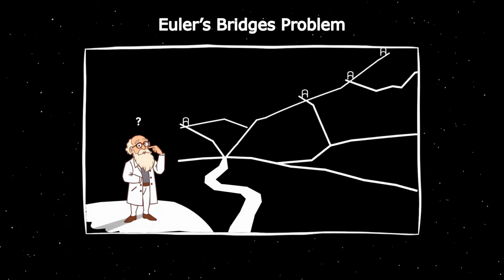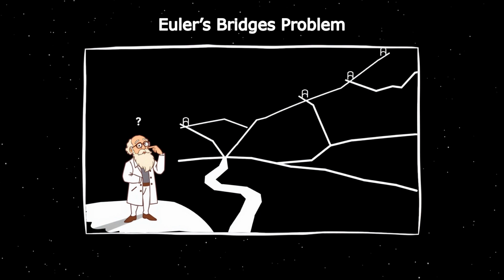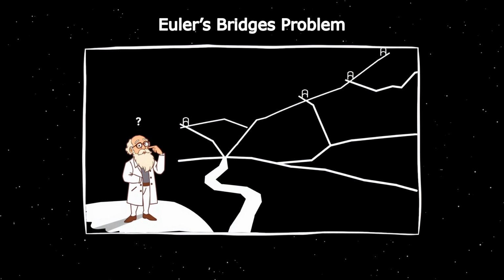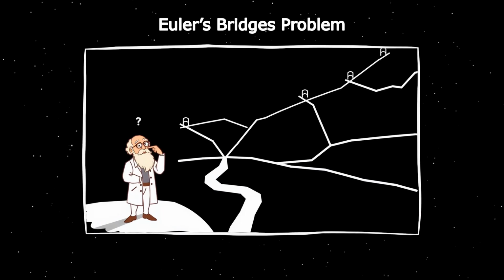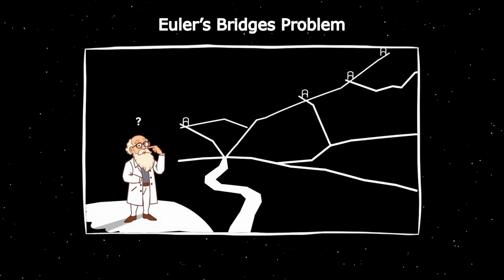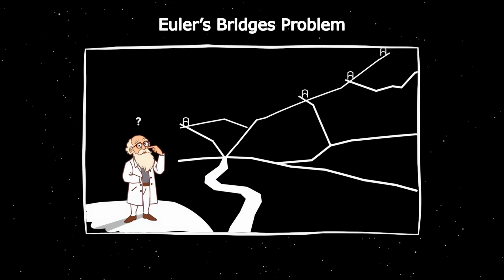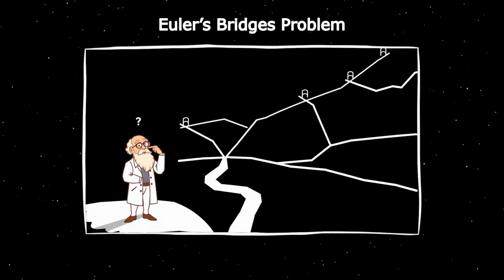The transformation of physical structures into abstract entities showcases the elegance of mathematics in illustrating real-world phenomena. As we journey through modern cities filled with bridges, roads, and networks, the ideas behind Euler's problem remain relevant, highlighting the interconnected nature of our environments.